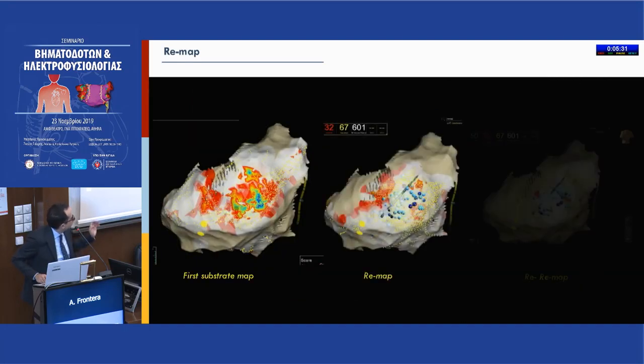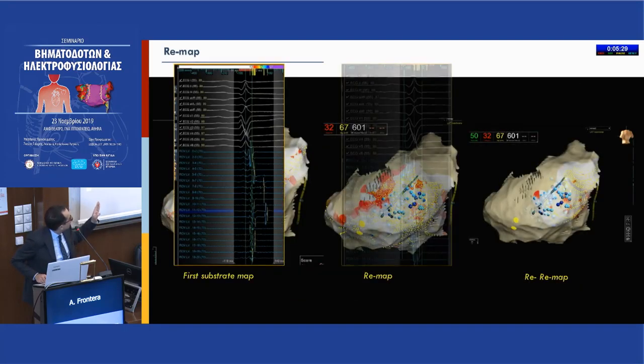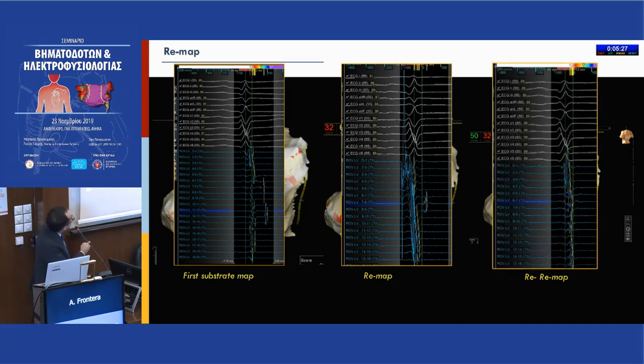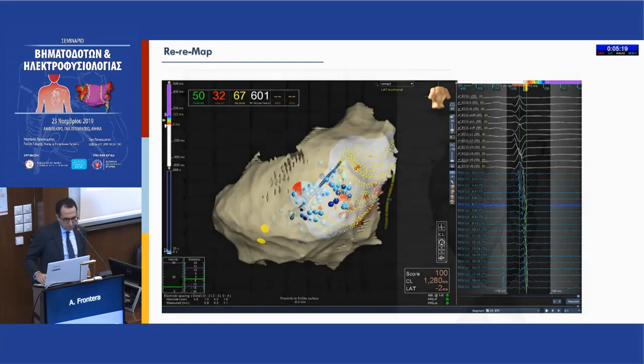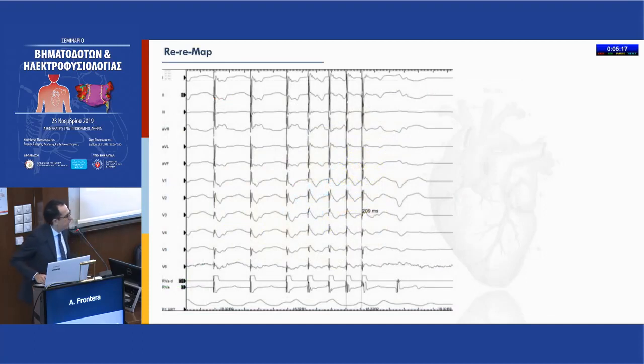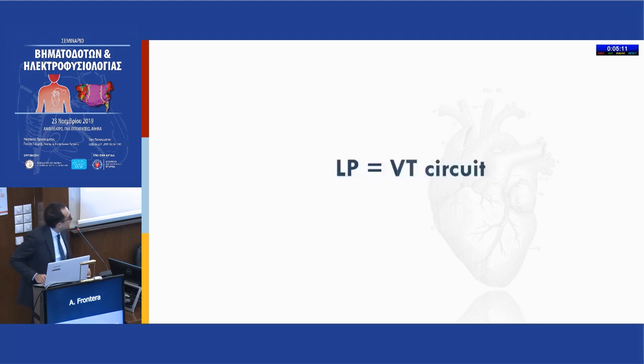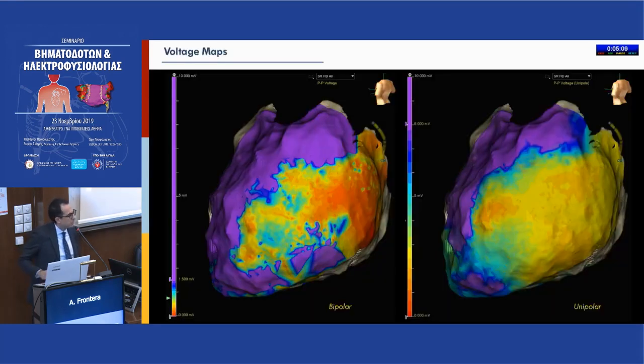And you see clearly now the complete abolition of the signal. So here there is a lot of late potential, there is some late potential here, and then at the last remap, no late potential. And this is obviously the last ECG, you see, no inducibility. So late potentials are the VT circuit and are always codifying for the VT circuit.